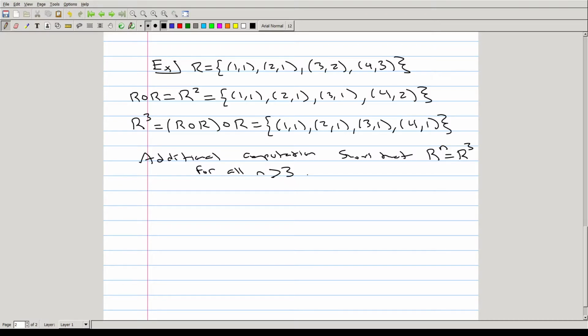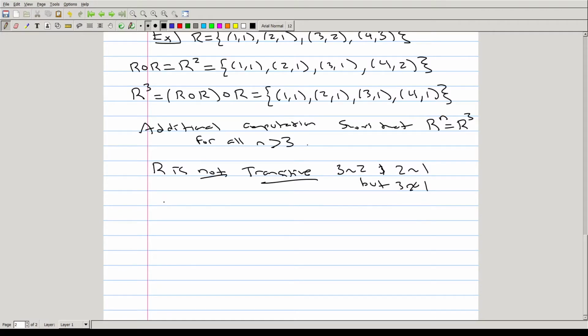This connection can clearly be seen when we consider the transitivity of R. R is not transitive. Take, for instance, 3 is related to 2, and 2 is related to 1, but 3 is not related to 1 under this relation R.